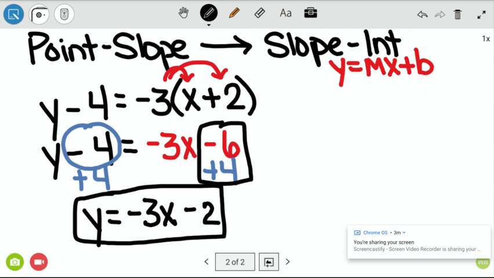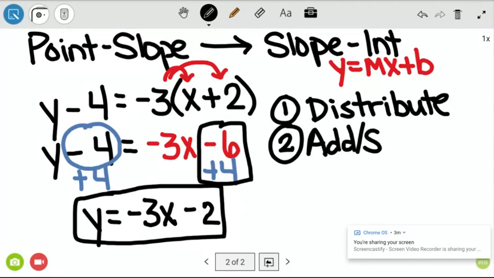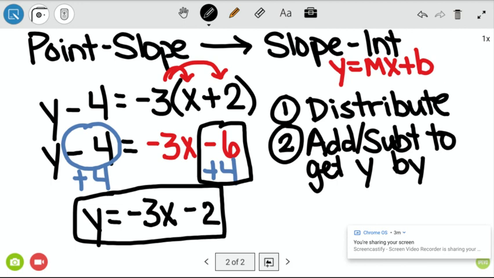That is slope-intercept form. So the first thing you do is distribute, and the second thing you do is add or subtract to get y by itself. So we distribute to get rid of the parentheses, then we add or subtract the number over, and then it becomes slope-intercept form. So let's try another one.